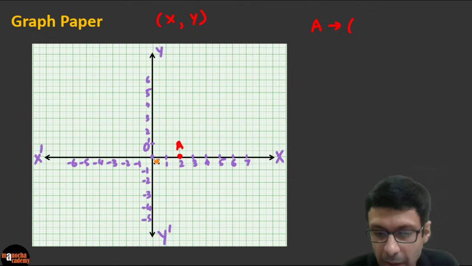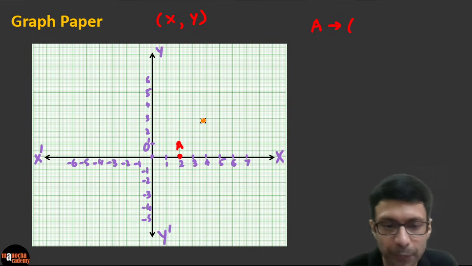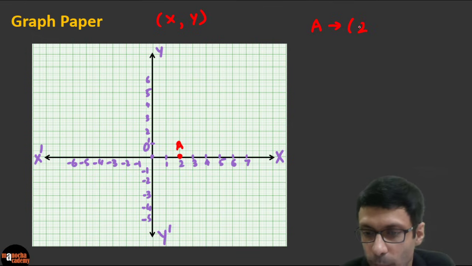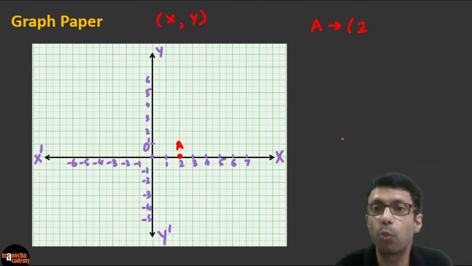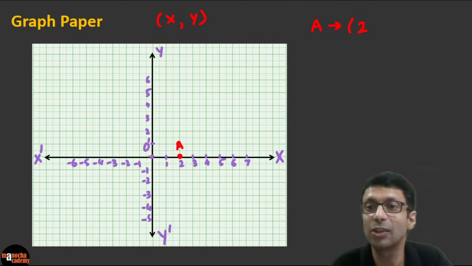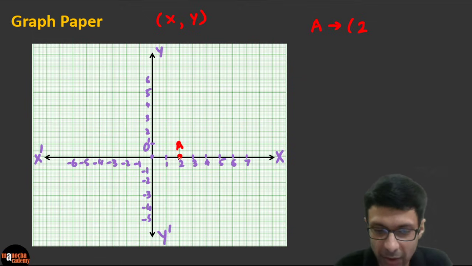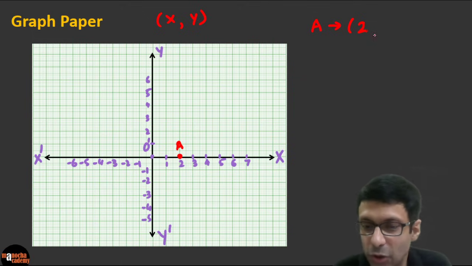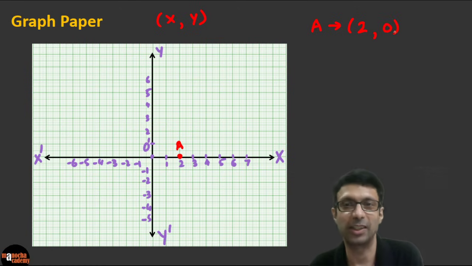The X coordinate is the value of X, and since the point is lying on the X axis, this value is 2. And what is the value on the Y axis? If we draw a perpendicular line to the Y axis, you can see it has no height on Y. The answer is very good, guys. You got it: 2, 0.